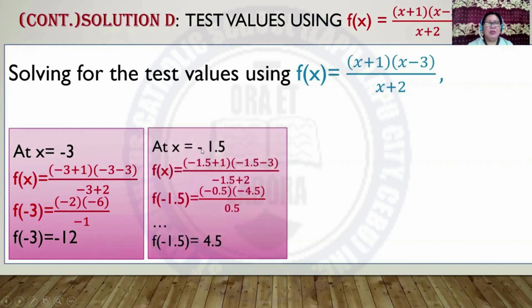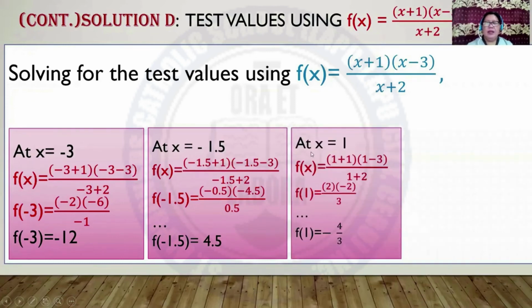At x is equal to -1.5, then change x into -1.5. Here, -1.5, and also the denominator, -1.5. Simplify, then we will have 4.5. At x is equal to 1, change x to 1, 1, and the denominator x, change it to 1.